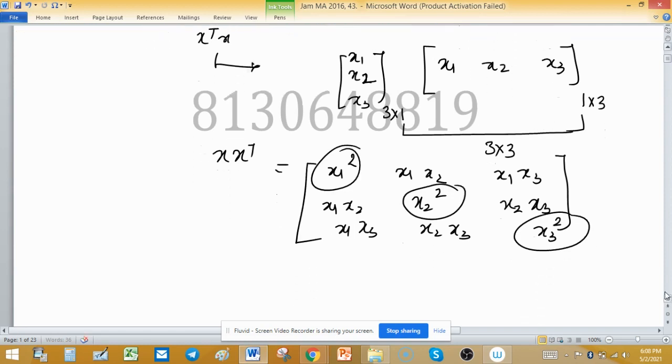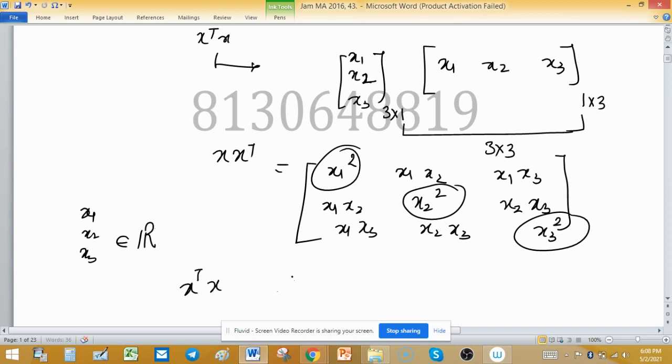Now this is x transpose, as these x1, x2, and x3 are coming from the real set. So x transpose x, what is it?